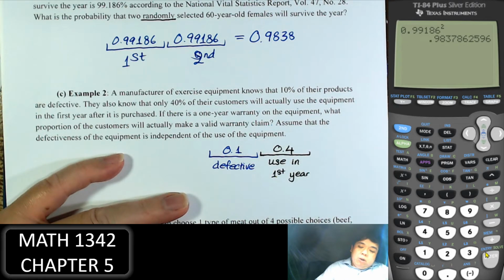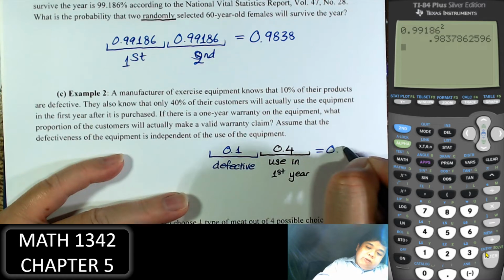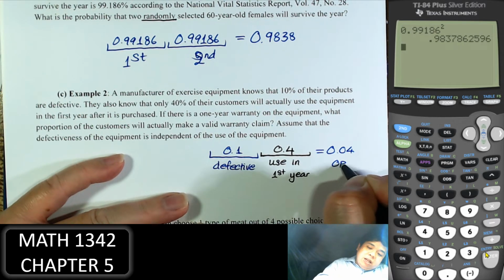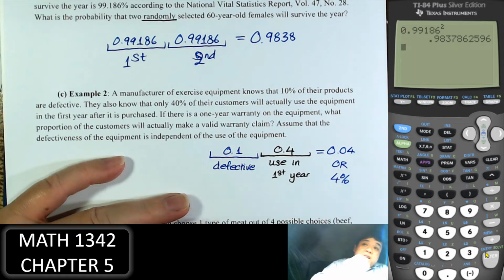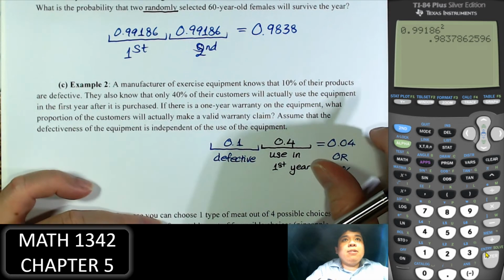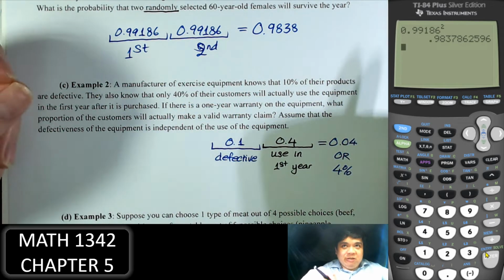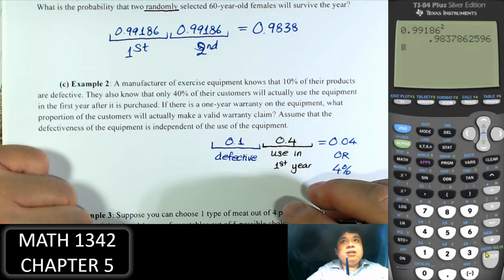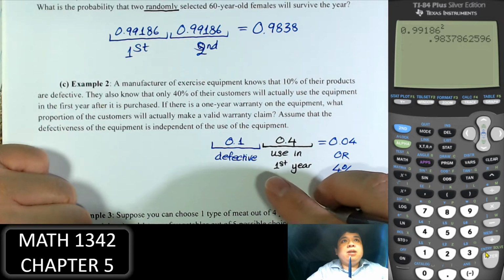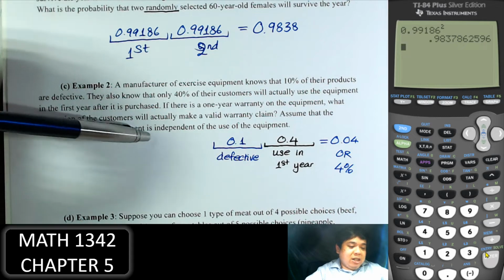When we multiply them, that gives us 0.04 or 4%. So only 4% of them will actually make a claim, because they bought a defective one and they know it is defective because they actually used it. Of course, we assume that it is independent.